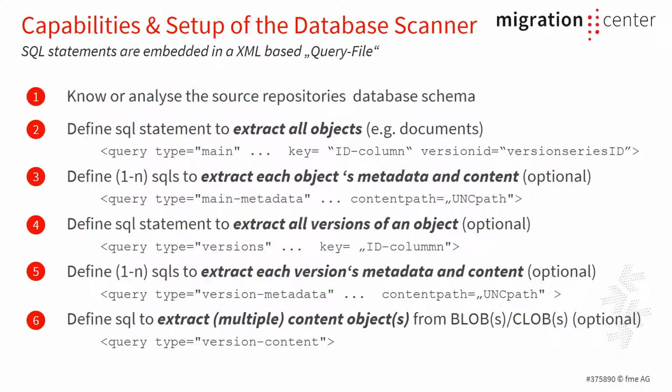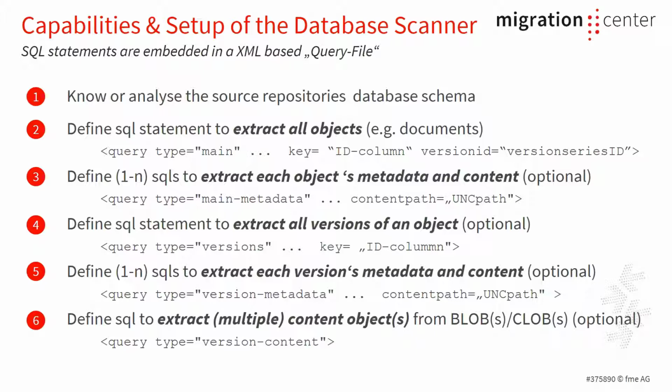We call this a query file, where the statements are gathered. So once you have this SQL statement to extract all objects, typically an object is a document, but it also can be a blob or whatever, image.